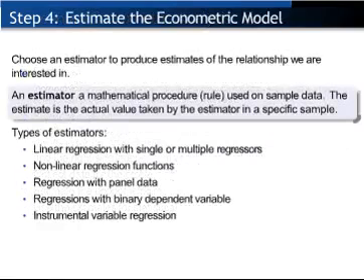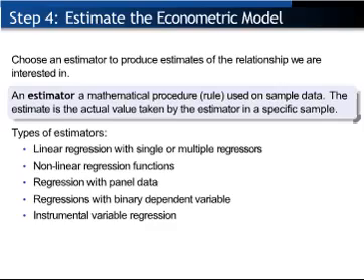Step 4: estimate the econometric model. Choose an estimator to produce estimates of the relationship we are interested in. An estimator is a mathematical procedure or rule used on sample data. The estimate is the actual value taken by the estimator in a specific sample.